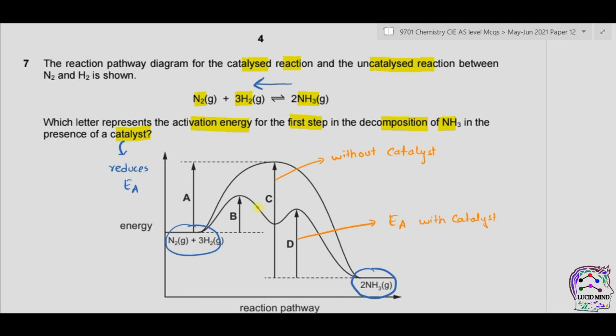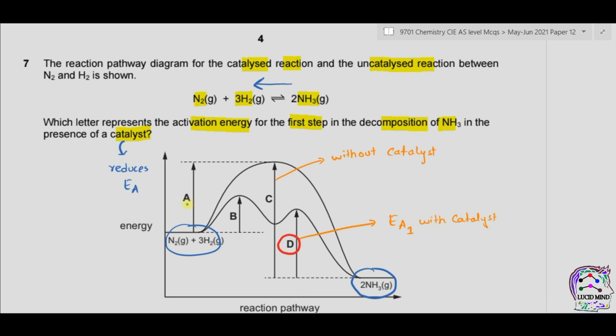On moving further, we can see that another activation energy is also present. So D represents the activation energy for the first step, while B represents the activation energy for the second step in decomposition. So correct answer is D.